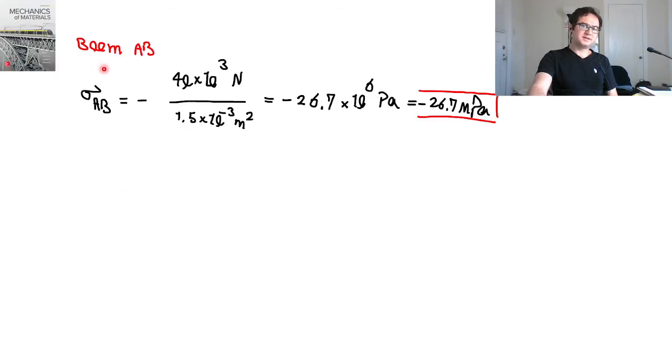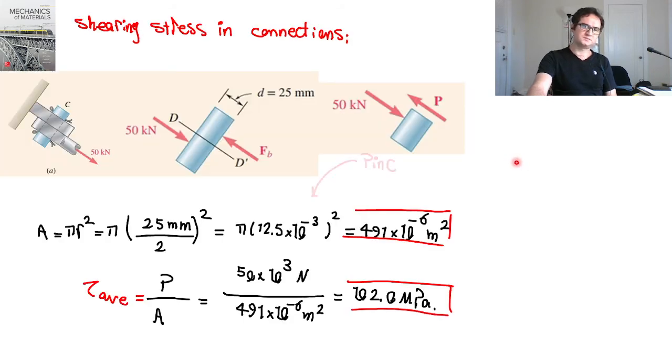Now look at the boom AB, and that's a compressional force, so negative stands for that, and that's 40 kN, 40 times 10 cubed newtons, over the cross-sectional area of the boom, and it gives you a negative stress of 26.7 megapascal. Now let's see the shearing stresses in the joints or connections.